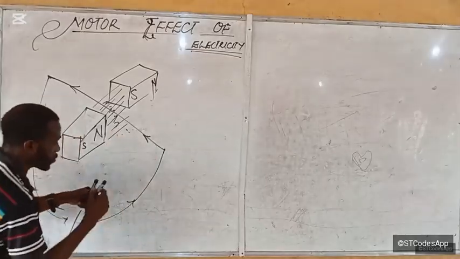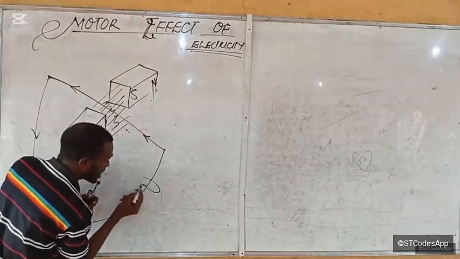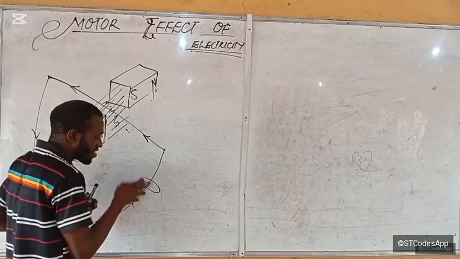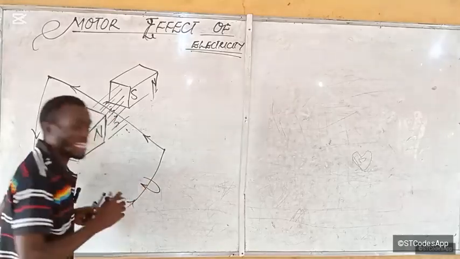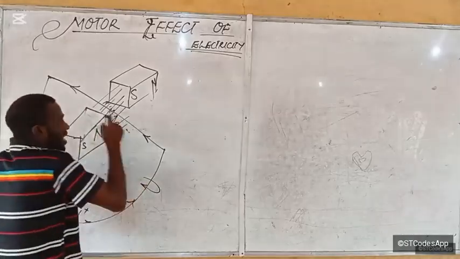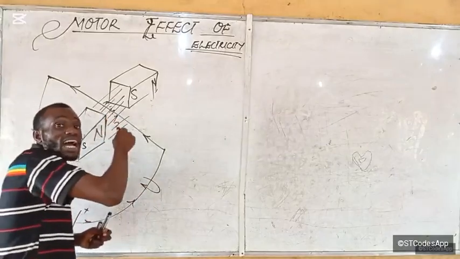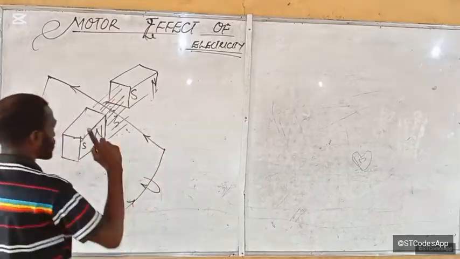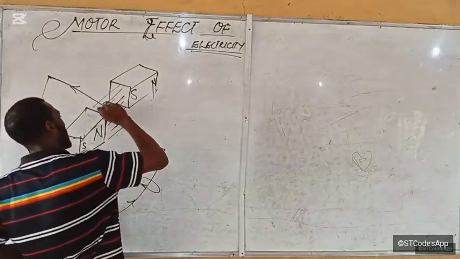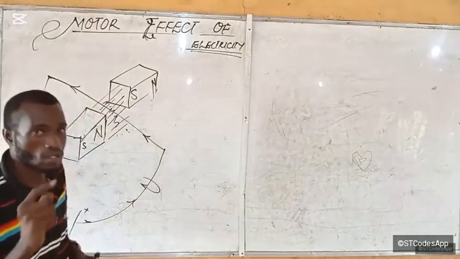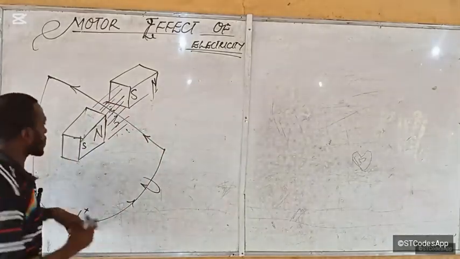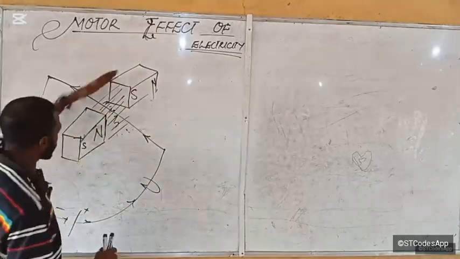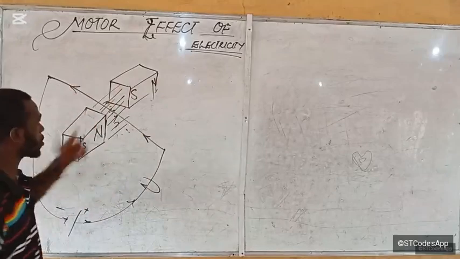And magnetic field is also running around this wire. Does that make sense? So if magnetic field is running around this wire, it therefore means that two magnetic fields are going to interact here. And the moment they interact, they are going to create a force that will be felt by this wire or conductor. Provided that these two are permanent magnets and they have magnetic field flowing from north to south, which is basically what we always have.